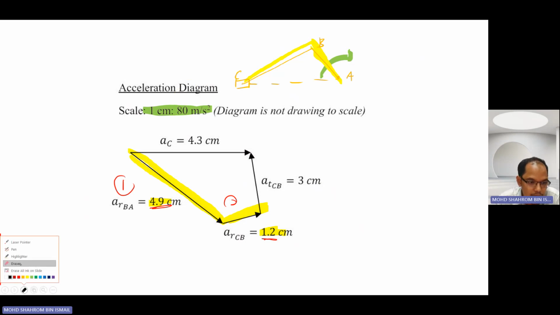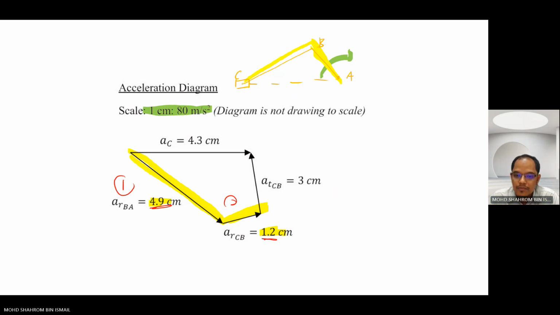Now we go to our third step. How are we going to draw this tangential CB line? Basically, you're going to draw it this way. Here is the line.